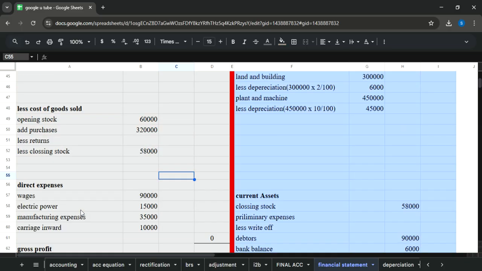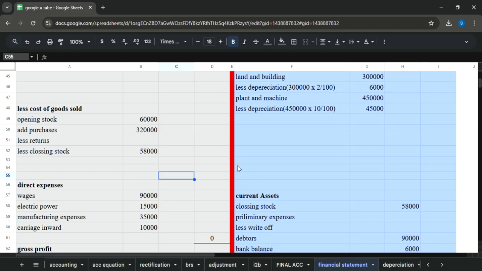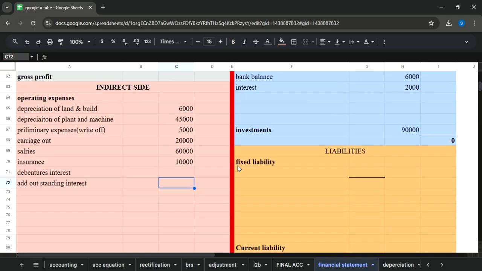For this, let's get back to debentures mentioned over here. Look, total amount of debenture 2 lakh, rate is 6%. So here what you are doing, 2 lakh multiplied by 6 divided by 100. You can note it down that 2 lakh was the total amount of debentures and you have taken 6%. The outer column has been used.